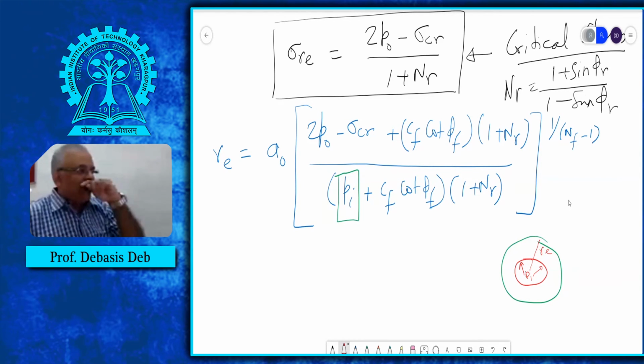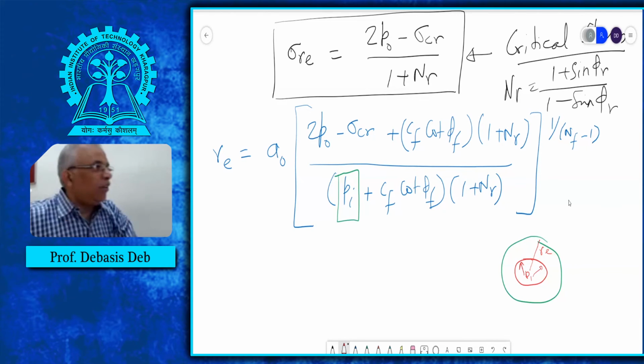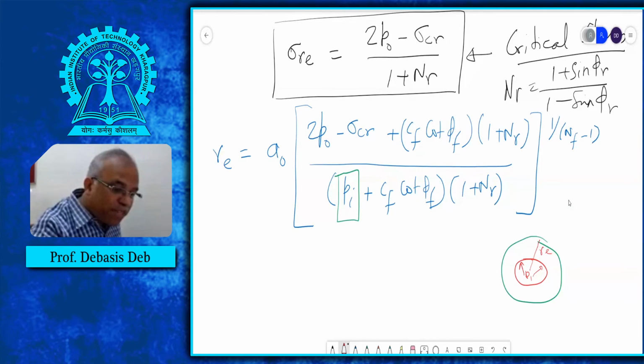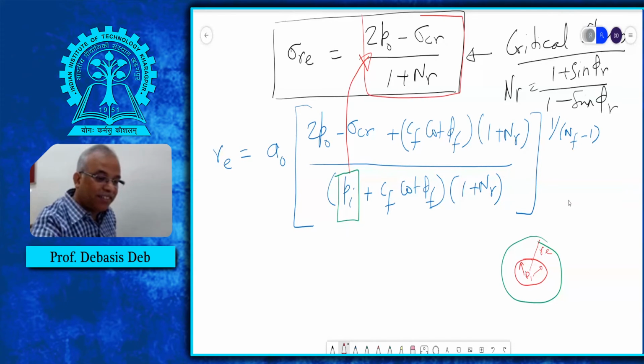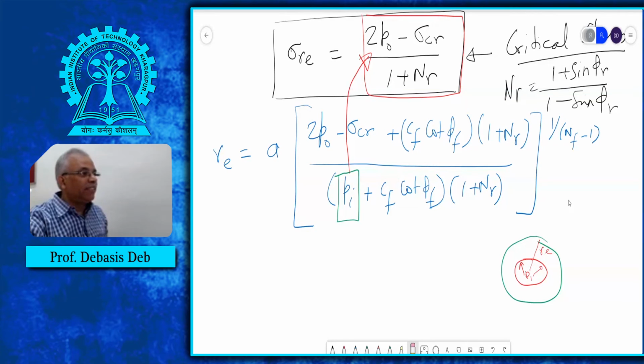Now you will see here, if this Pi value is exactly this, if Pi equals this, Re becomes a. This is not a naught, it's just a. That radius. You can replace this over there and you will see Re will become a. That's why it is called critical pressure.